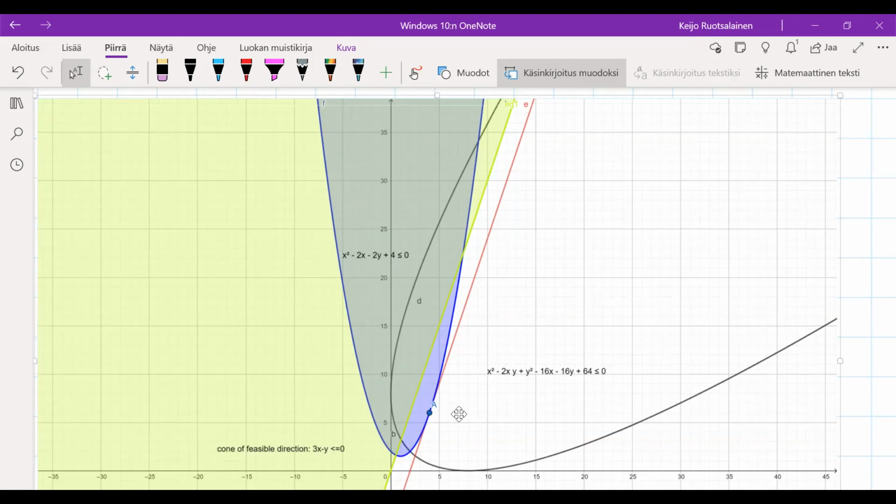I draw the tangent line, but now the tangent space is always passing through the origin. So remember that the cone passes through the origin.